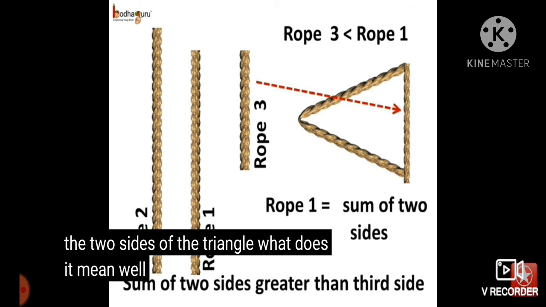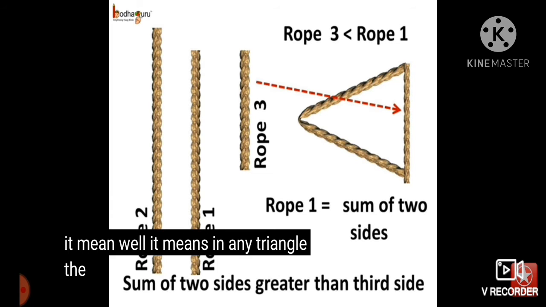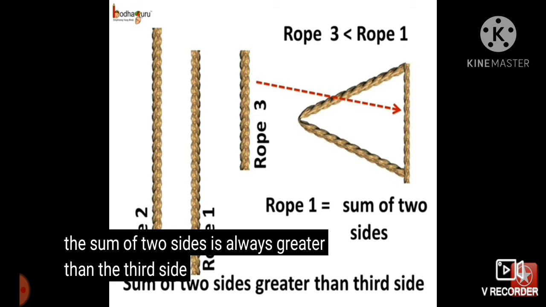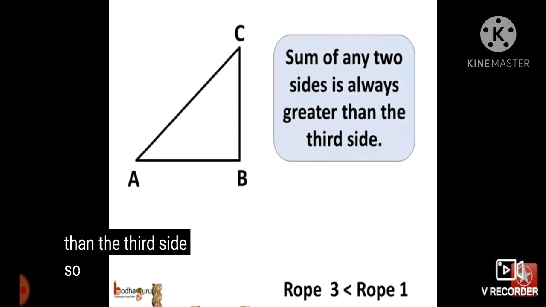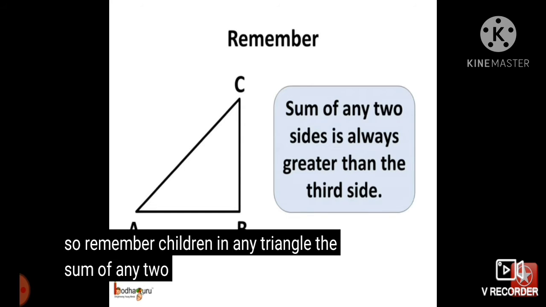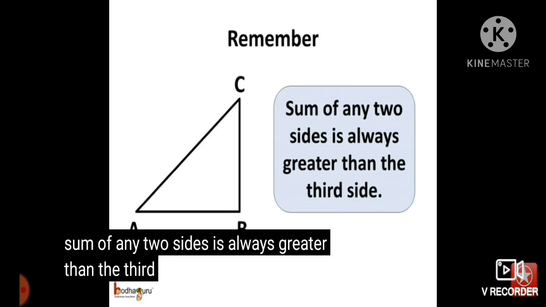What does it mean? In any triangle, the sum of any two sides is always greater than the third side. So remember, children, in any triangle, the sum of any two sides is always greater than the third side.